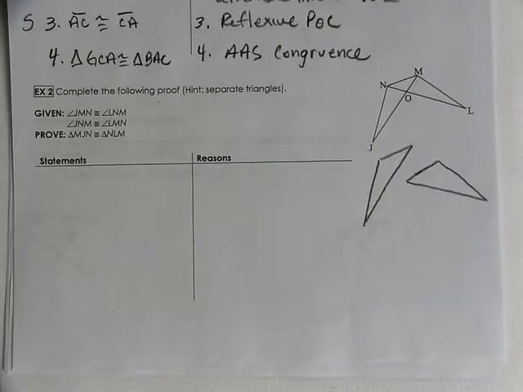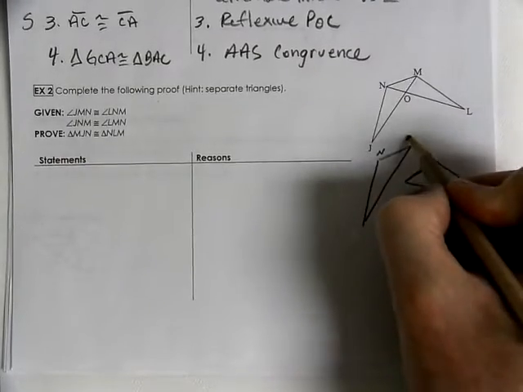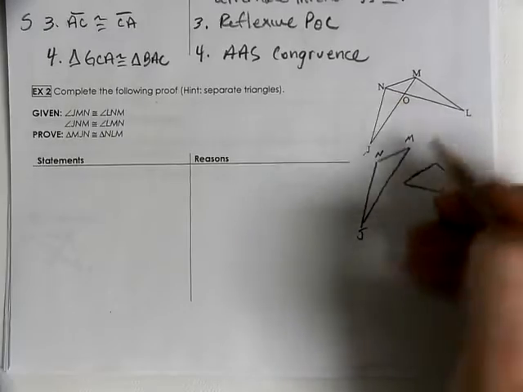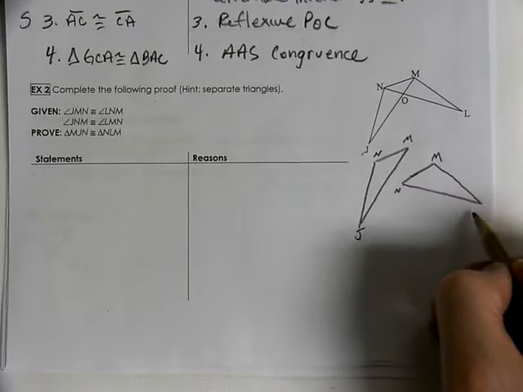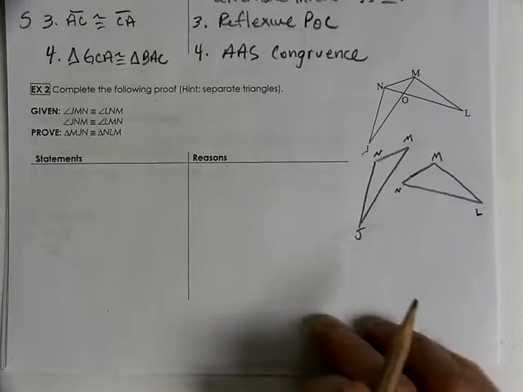They don't have to be perfect, but you have N, then M, and J, and then we would have N, M, and L. If you draw them not overlapping, it's often easier to see what information you've been able to show.